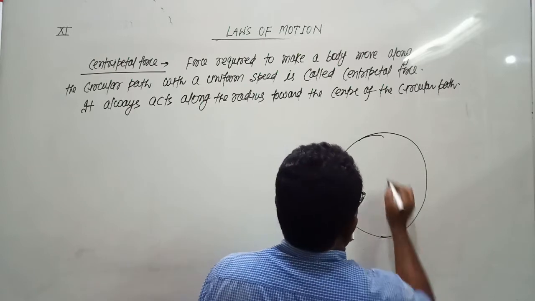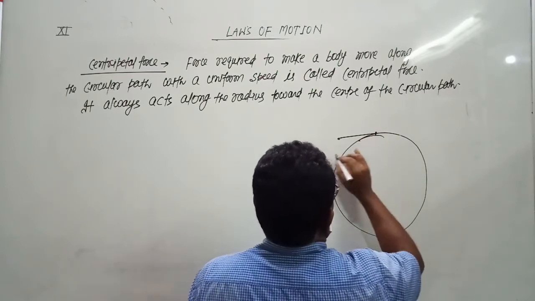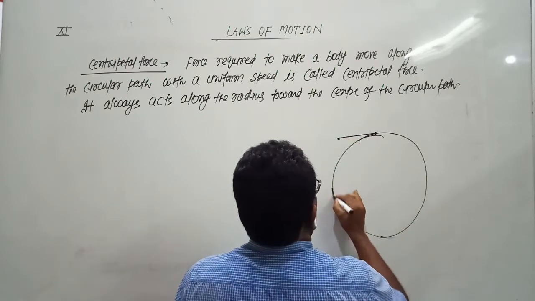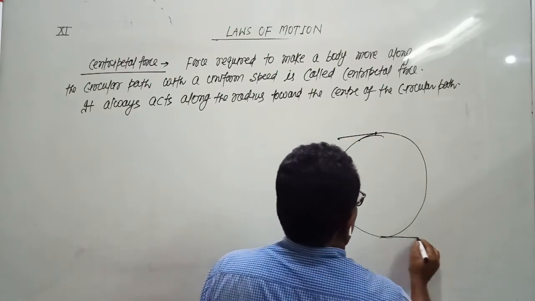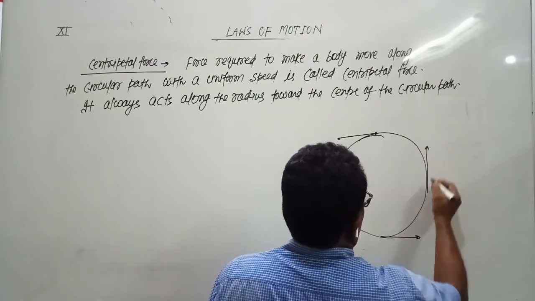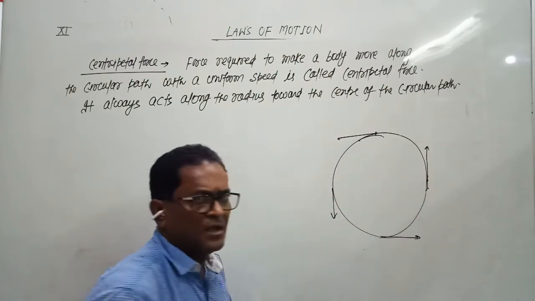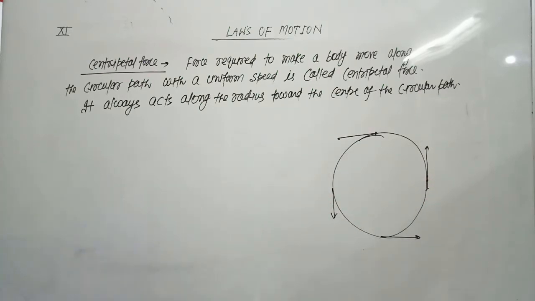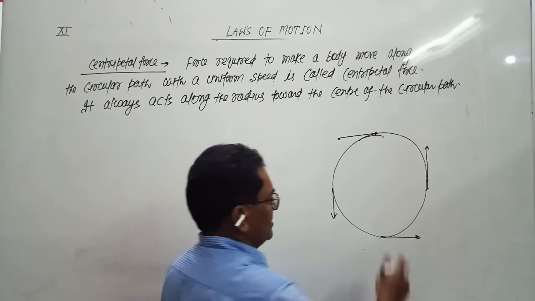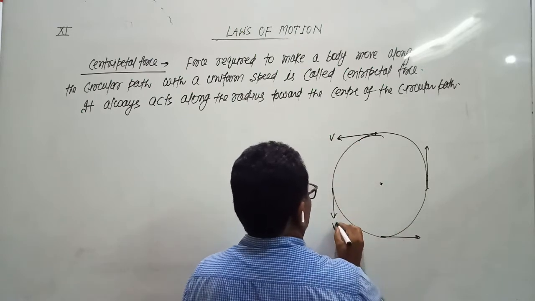Suppose a body is moving in a circular path. At every point of the motion, the direction of the velocity gets changed. Its speed is constant, but velocity changes.